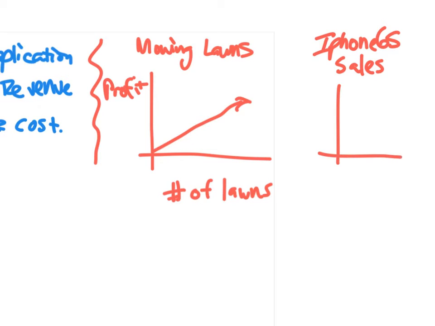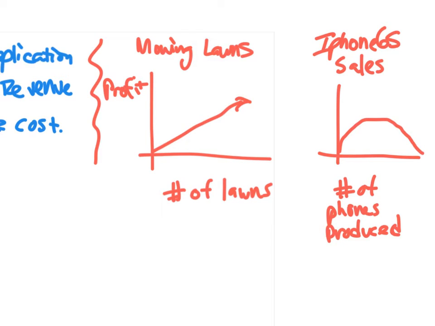The number of phones produced may have some sort of effect like this, where if you sell a certain number of phones, then you will maximize your sales. You've got all these different factors that play into a business such as selling iPhone 6S's. They've got a lot of people that work on this and crunch numbers and think about the market and that kind of stuff. So that's what you use this for.